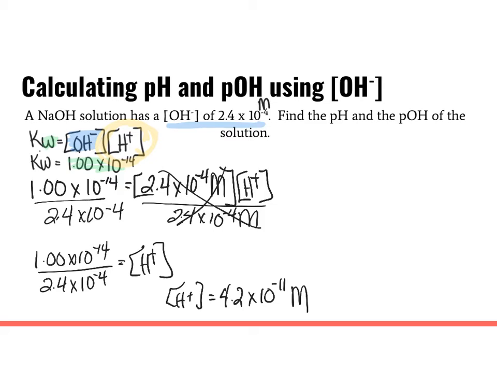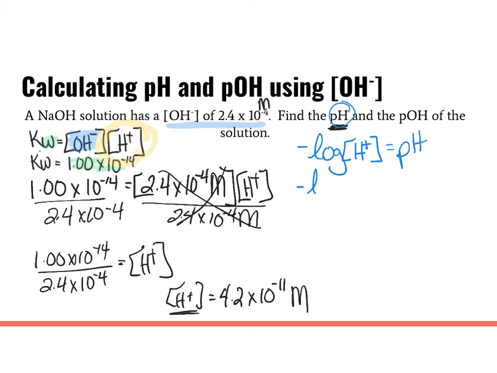The reason why I calculated out H plus first is because I know that if I have H plus, I can calculate out pH. So how do I do that? Well, that is the negative log of our hydrogen ion concentration is equal to pH. Okay, so that's one thing that we need to figure out.